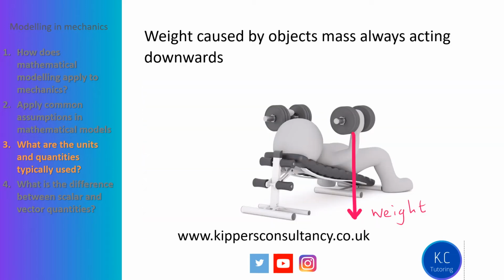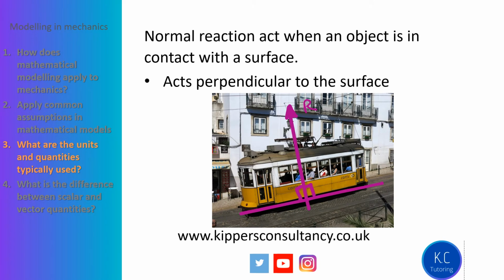All objects that have a mass will have a weight, a force of weight that acts vertically downwards in the same direction as gravity. A normal reaction will act when an object is in contact with a surface, and it will act perpendicular to that surface.